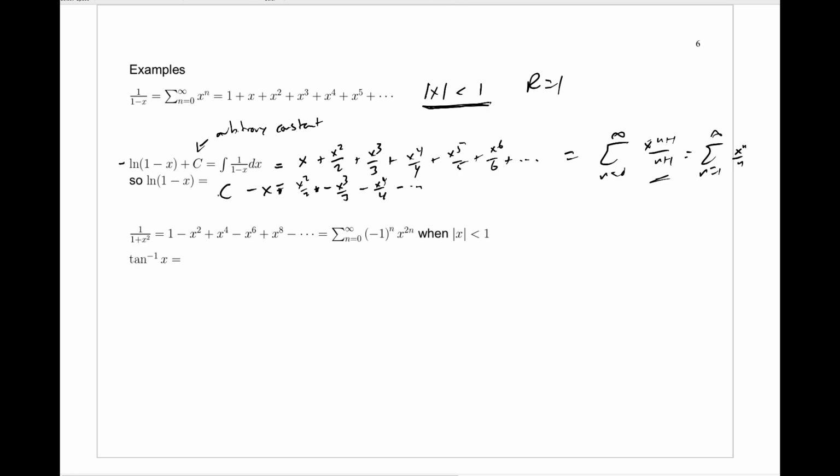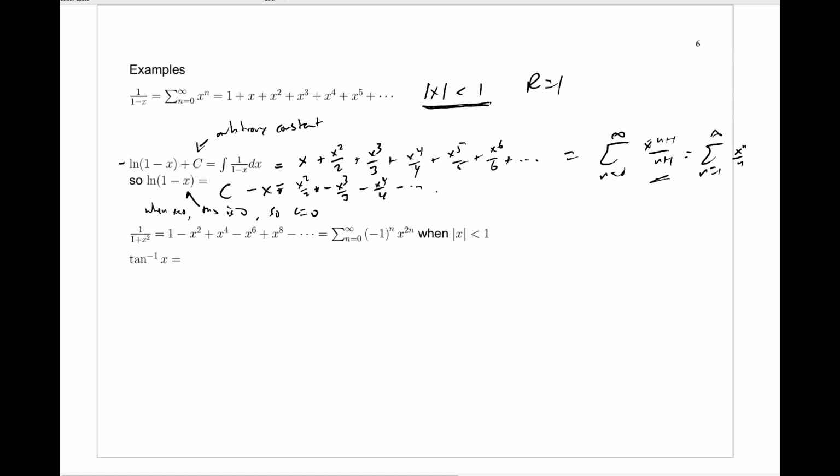And then we can actually find what c has to be to get exactly this function log of 1 minus x. When x is 0, the left side is 0. It's just log of 1. So when x is 0 over here, we need 0. That tells us c equals 0.